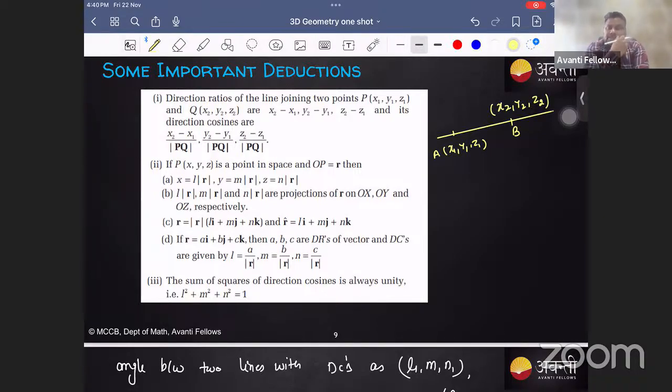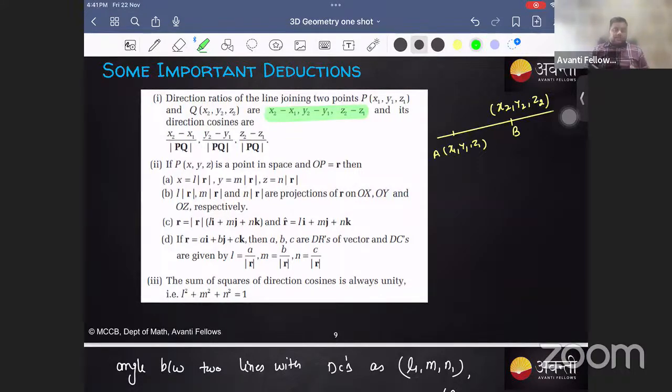Now this vector AB can be written as x2 minus x1, y2 minus y1, z2 minus z1. That means direction ratios of this line AB are x2 minus x1, y2 minus y1, z2 minus z1. Agreed? So direction ratios of this vector AB, and the line AB, are also the same.